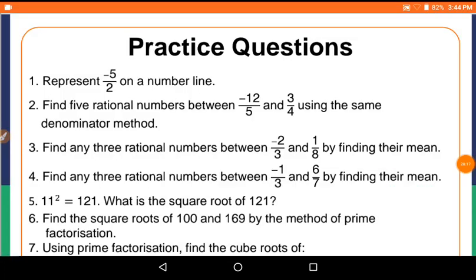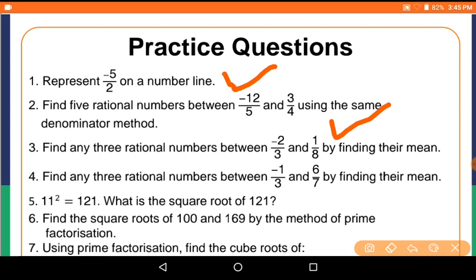Okay, at the end of day one and half of day two of this bridge course, here are the practice questions that you have to solve in today's homework. First, represent minus 5 by 2 on a number line. Second, find 5 rational numbers between minus 12 by 5 and 3 by 4 using the same denominator method.